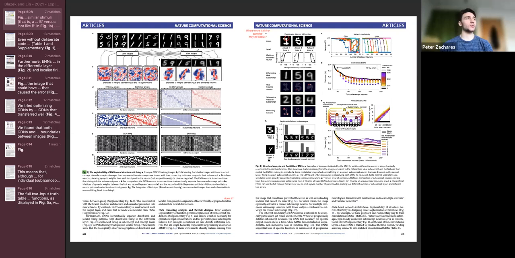One thing about this paper is that I view the differential layer, the subconcepts layers, and the concept layer as something that could just be the last three layers of any classification network. And I don't see why, as an inductive bias, that maybe that's a really good inductive bias.